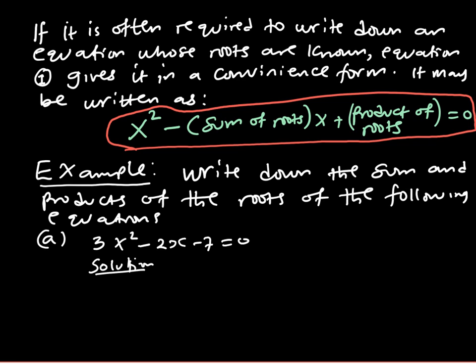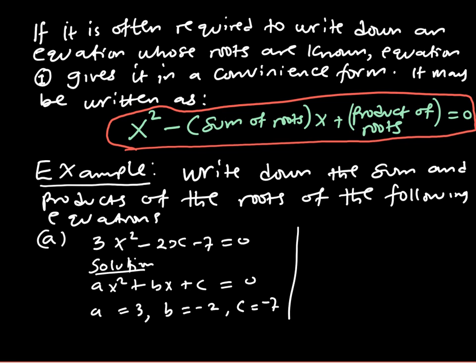If you want to compare this with the general quadratic equation, where we have ax squared plus bx plus c equals 0, then you see a is equal to 3, b is negative 2, and c equals minus 7.